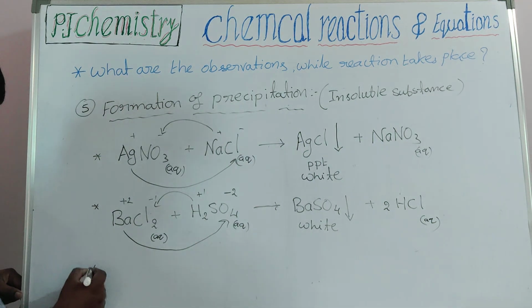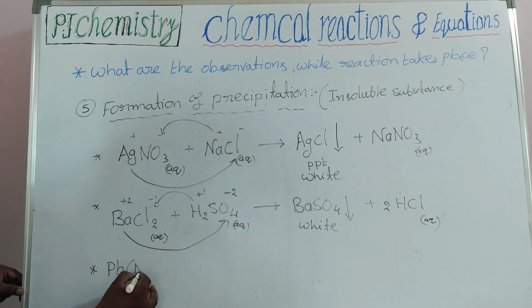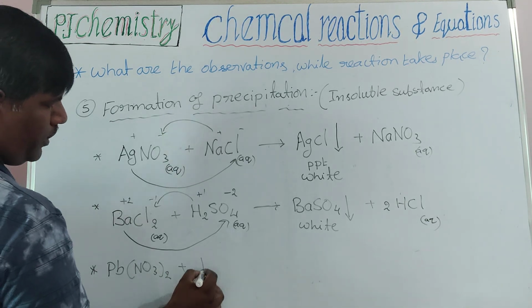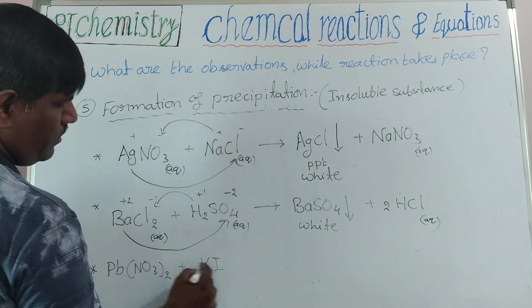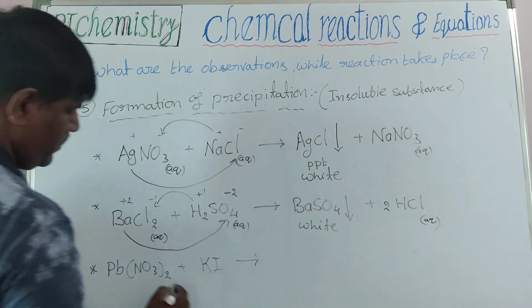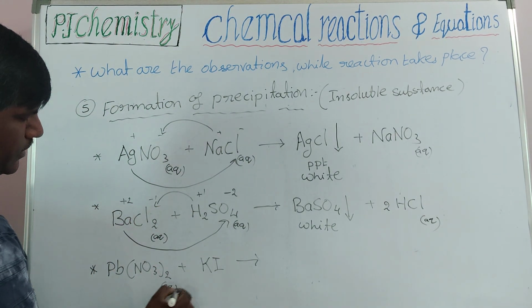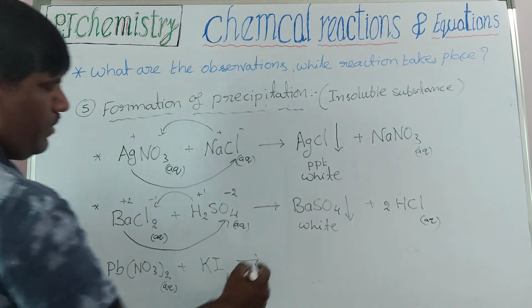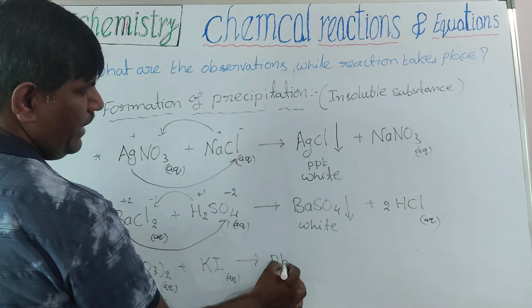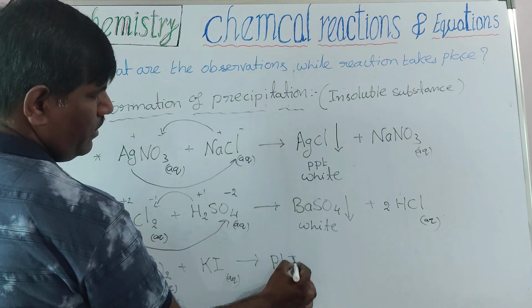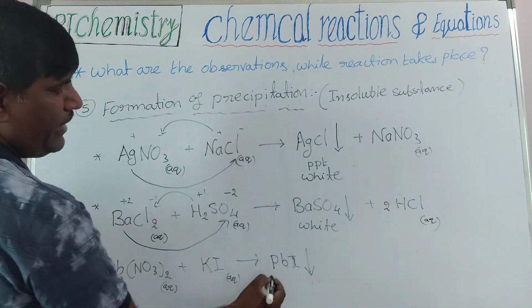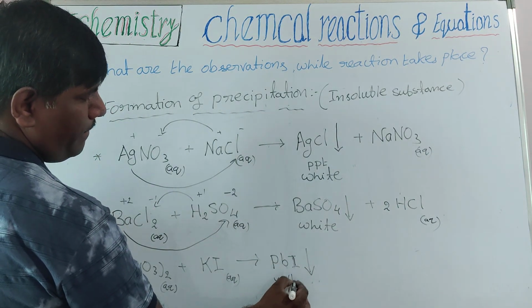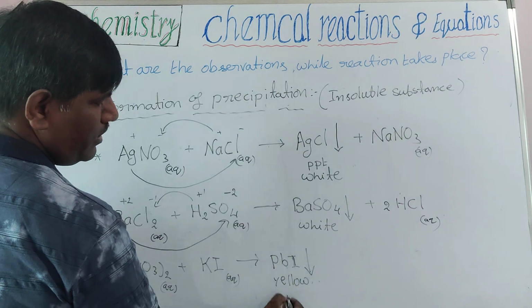Next, lead nitrate, Pb(NO3)2, reacts with potassium iodide. Both also in aqueous medium. It turns into lead iodide, which is a yellow color precipitate.